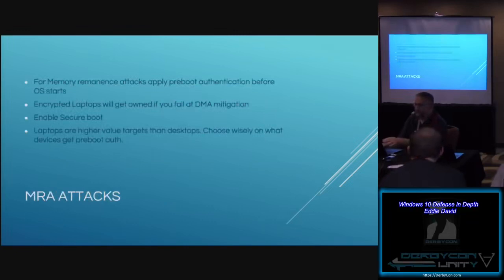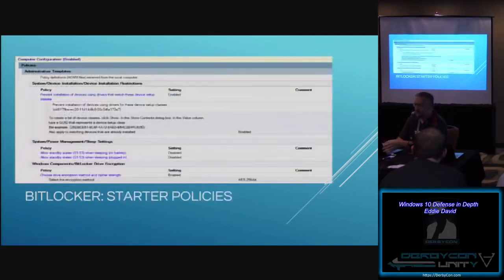So your laptops are going to get owned if you fail at DMA mitigation. Enable secure boot. Your laptops are probably going to be higher value targets than desktops. So choose wisely whatever you do with pre-boot authentication.